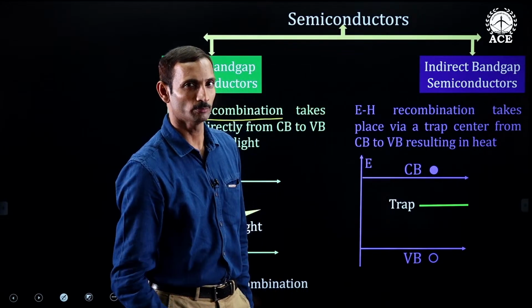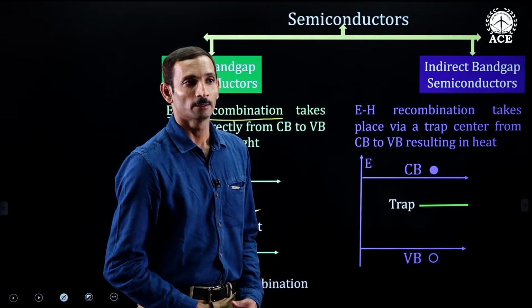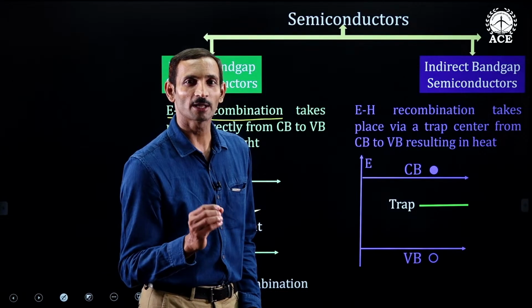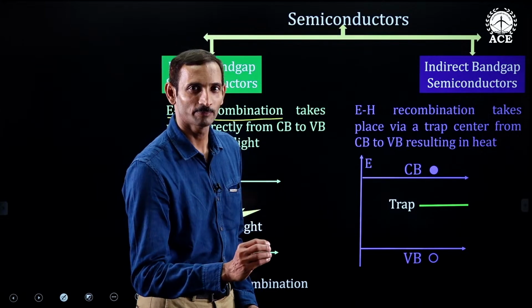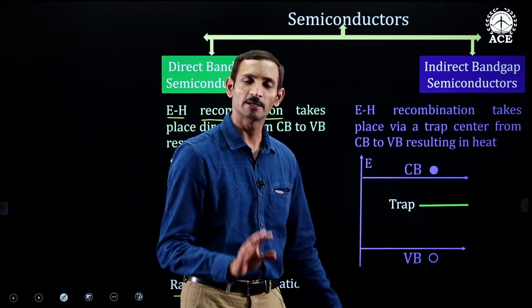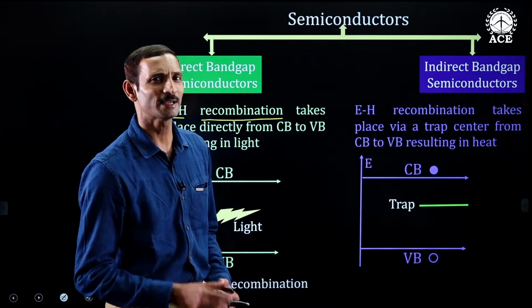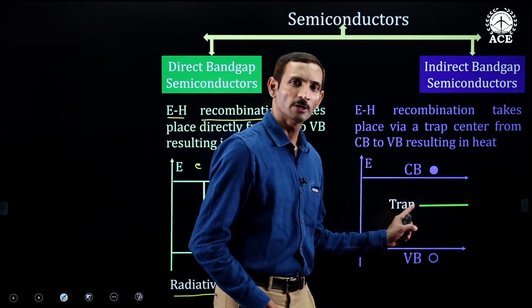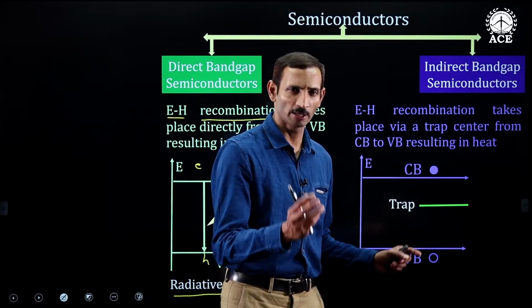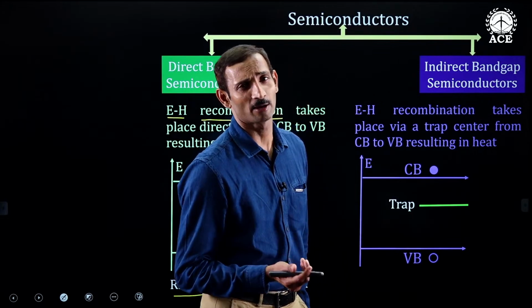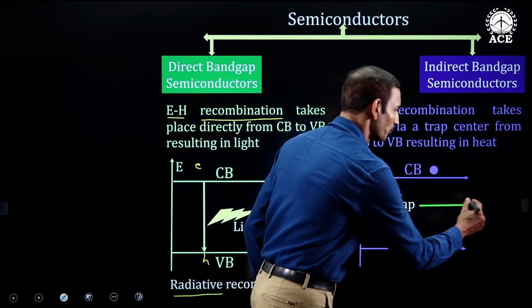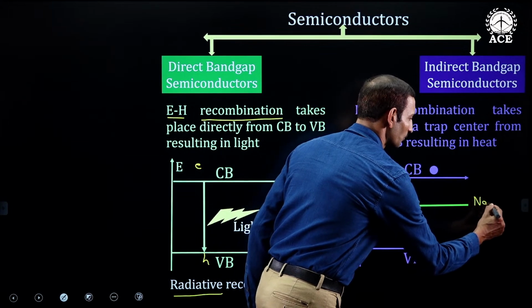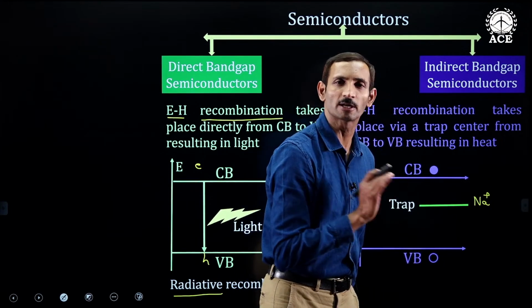What does this trap do? If it traps electrons, it is called an electron trap. If it traps holes, it is called a hole trap. What is the example? Suppose the impurity is a metallic ion. Let us suppose a sodium ion is an impurity formed inside the material.